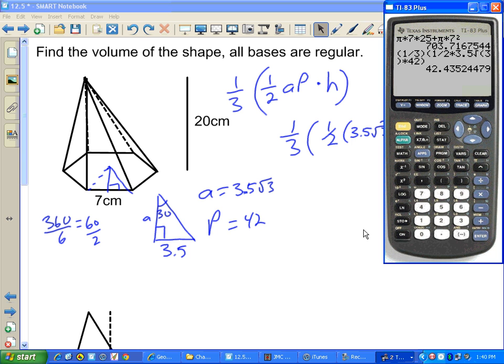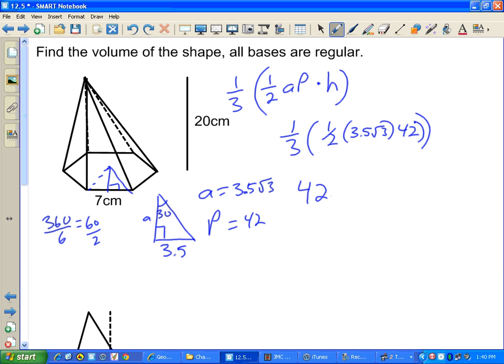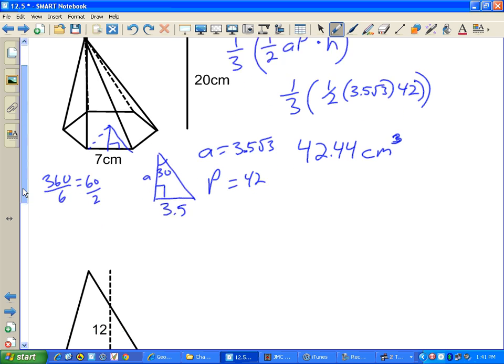I got 42.44 for my volume. Since these are centimeters, these would be cubic centimeters. Whatever dimension you're measuring, that's what goes on your units. Volume is a 3-dimensional measurement, so this is cubic centimeters. Let's look at another one.